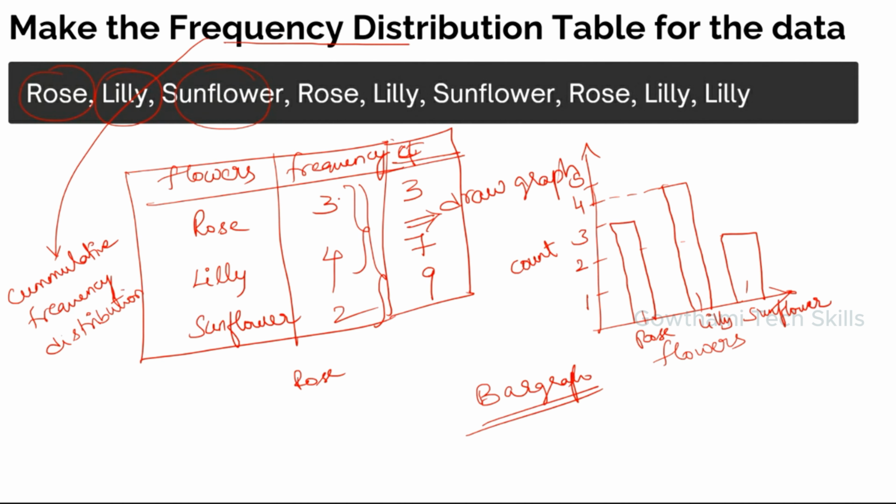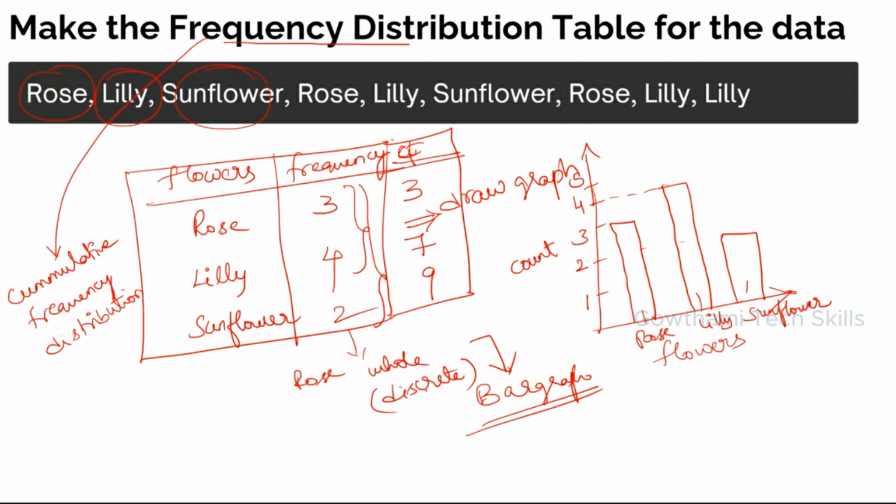When there is a repeated number of categories, you will get these kinds of frequencies, which are whole numbers. That means discrete category, discrete data. That time we can draw the bar graph. Here the rose is repeated, that means you can do the count. Count is in the format of which data?